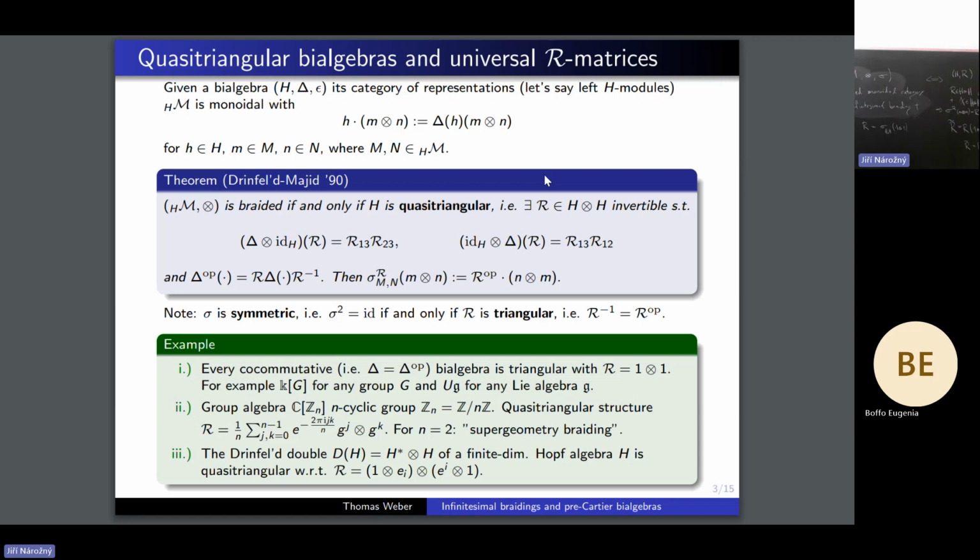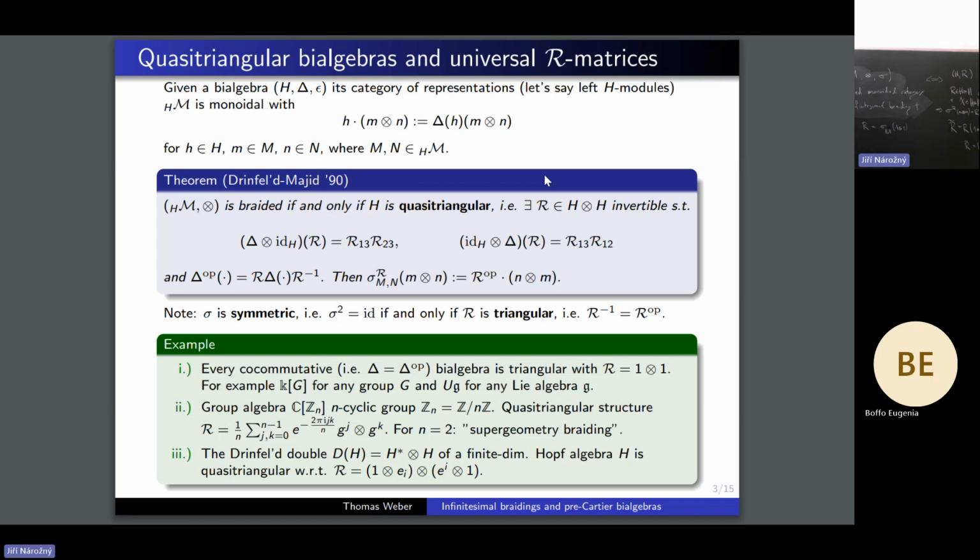I said map, I meant element, sorry. And it has to satisfy these three axioms here, where the last one simply says that the sigma that you get here will be a left linear map. And the first two correspond to the two hexagon axioms that we saw on the previous slide.